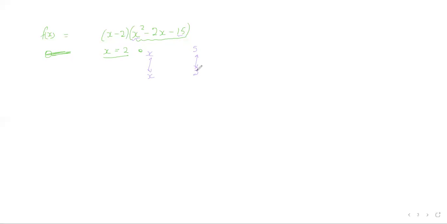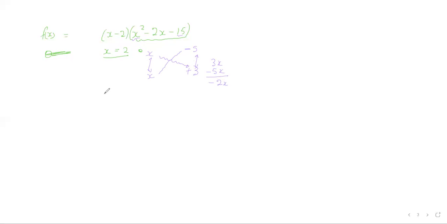And then 5 minus 3 is a 2. So this one must be negative because it's a bigger one. If I multiply that by that, I'll get 3x. And if I multiply this by this, I'll get negative 5x. The answer is negative 2x. That's my middle term.